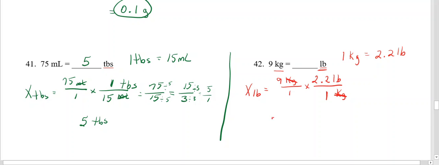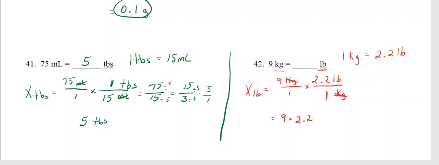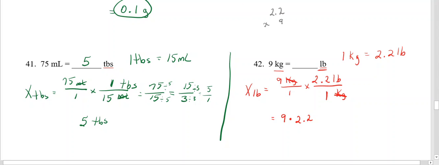And so now I have 9 times 2.2, and I'm gonna go up here in my scratch paper and do 2.2 times 9. 9 times 2 is 18, carry my 1. 9 times 2 is 18, and 1 is 19. I have 1 decimal place, so I'm going to go 1 time, and that gives me 19.8.